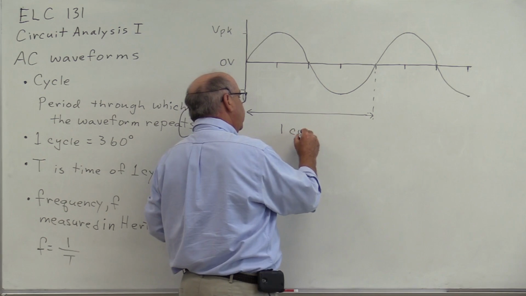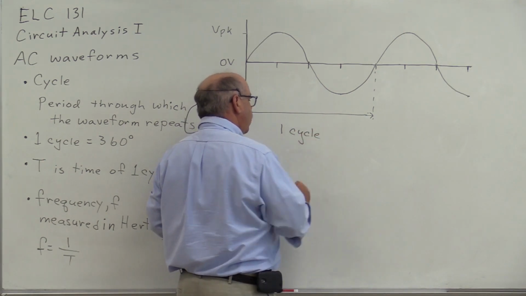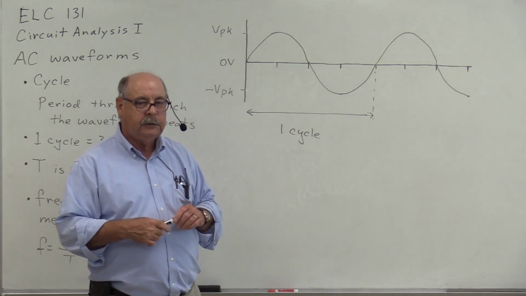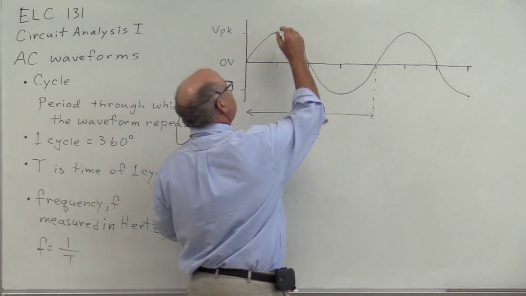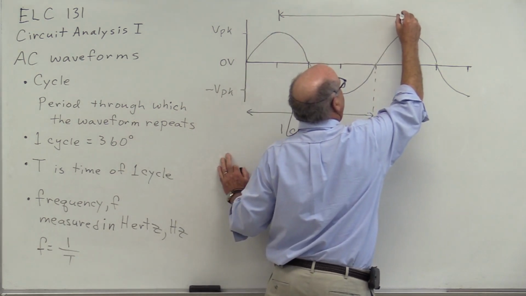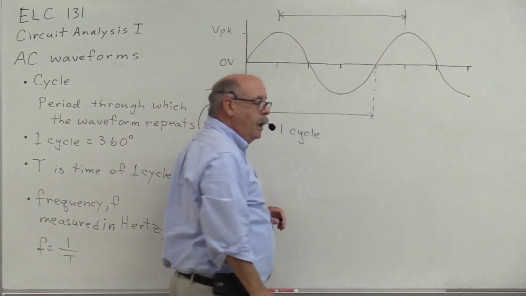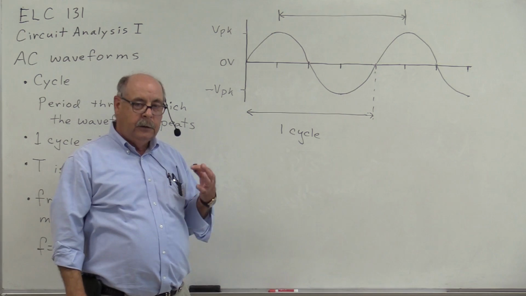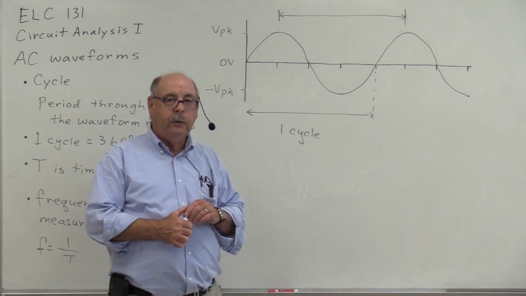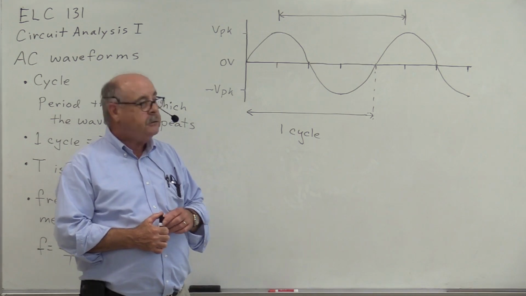So this period is one cycle. Now, we could also say that one cycle exists from the positive peak point to the next positive peak point. This is one cycle. Again, it's the period through which the waveform repeats.